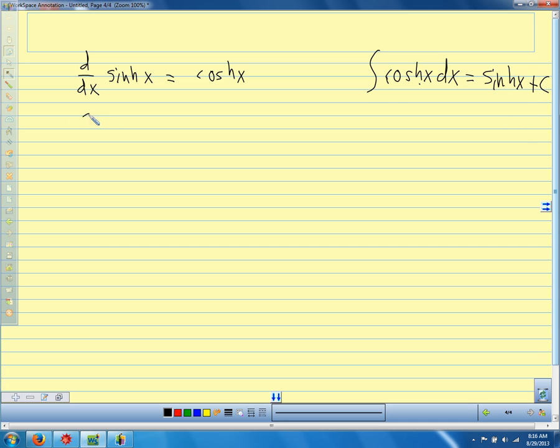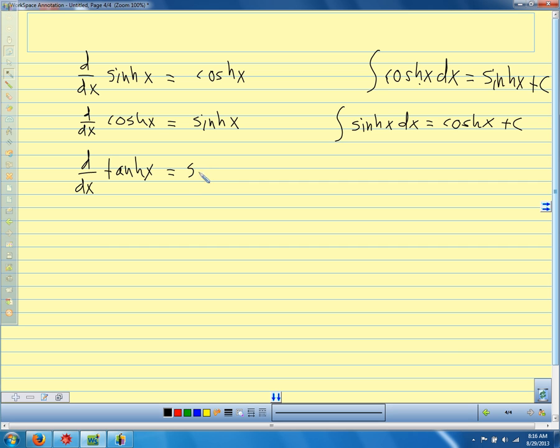And we said that the derivative of cosh x is sinh x, so that tells us the indefinite integral of sinh x dx is cosh x plus c. And we said that the derivative of tanh x was sech squared x. So the antiderivative of sech squared x dx is tanh x plus c.